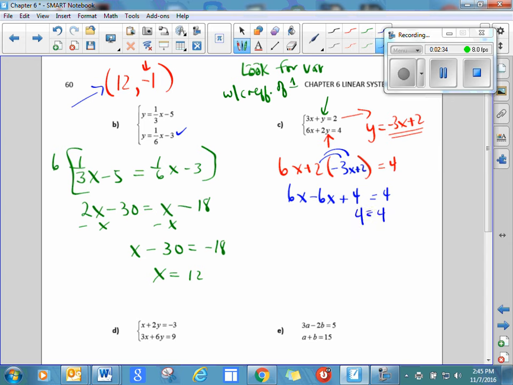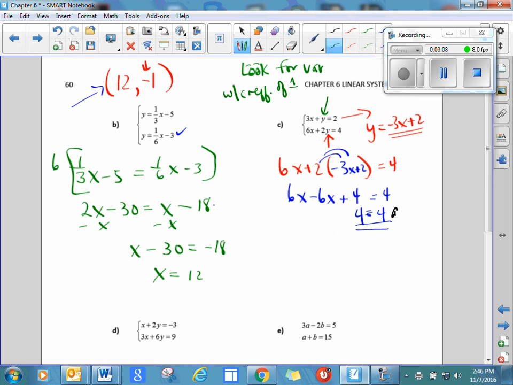Well, that's kind of a silly place to end here, but when you get a statement that looks like this, that means this is always true. So in other words, you have an infinite number of solutions. Now remember, we can't say all real numbers because the only possibility for solutions are the ones that are on the lines, not all the rest of the points in the coordinate plane.